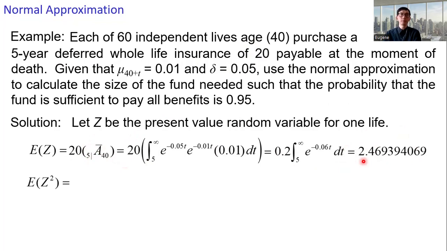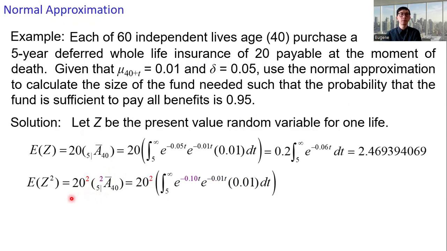The second moment: a death benefit of 20. So for this expression, we need to square the death benefit. So we have 20 squared, and then the second moment of the 5-year deferred whole life insurance. For the second moment, we need to square the death benefit, and then change the delta to 2 delta.